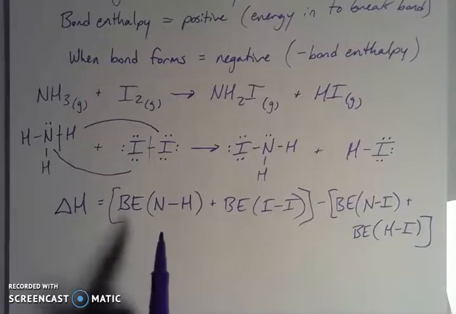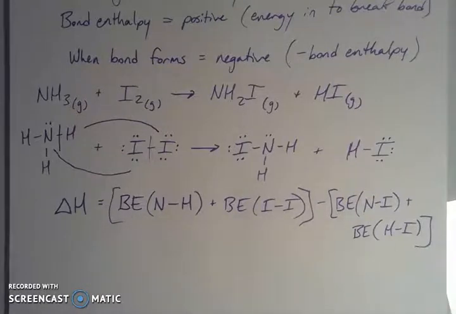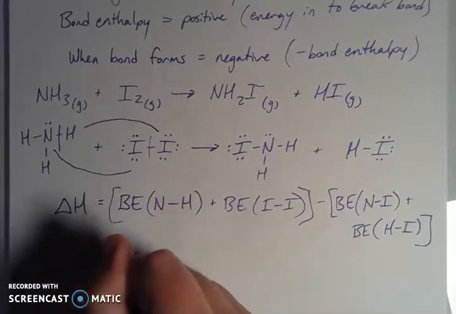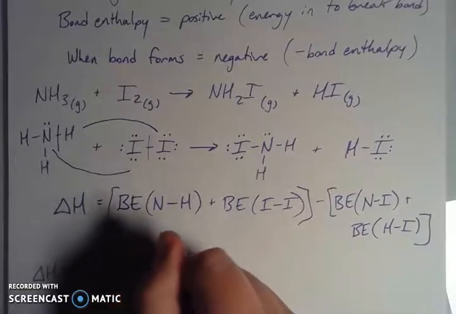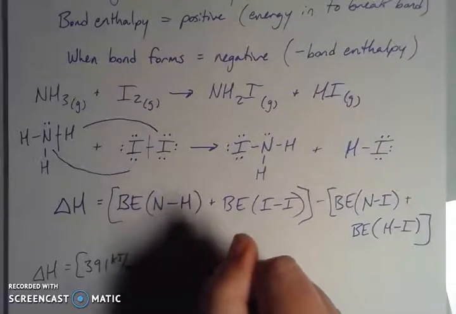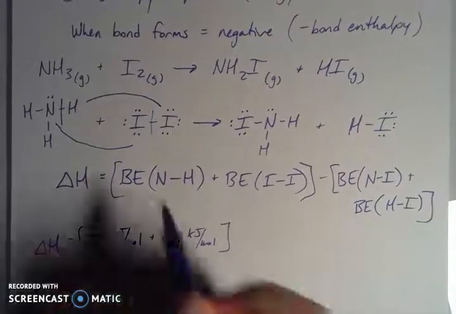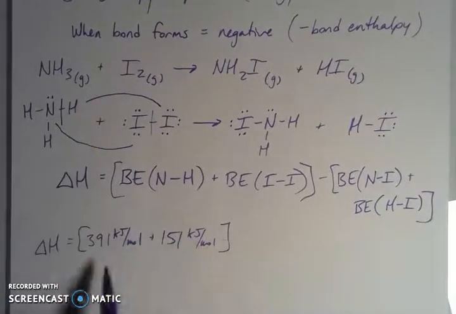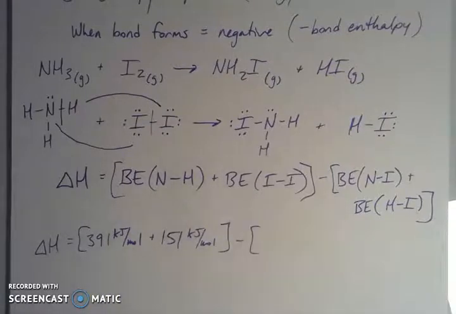So when I look at tables, I look up these bond energies for these individual bonds, and I can say that my delta H is equal to, here's 391 kilojoules per mole. Again, totally look-upable. And if I would have had more than one of these types of bonds that broke, in this case I just have one of each, but if I had more than one, then they would act as multipliers, so I would just multiply by the number of bonds that are being broken.